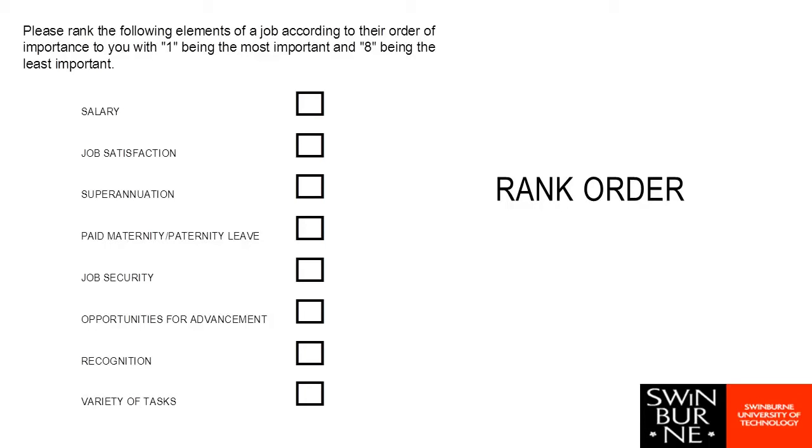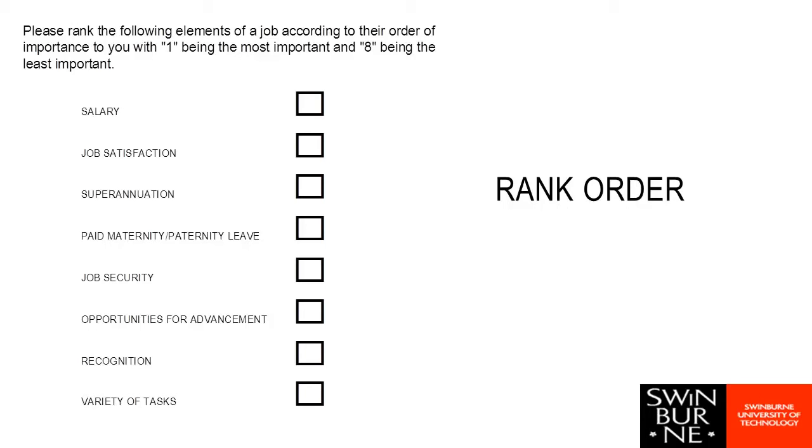The other thing with this particular list we need to be a little bit careful of is where we have differences in rankings between groups. You can see there's the item there, paid maternity/paternity leave. If I just got the ranks for all of my participants and averaged it out to get an average rank for that item, what I might lose is differences between gender.